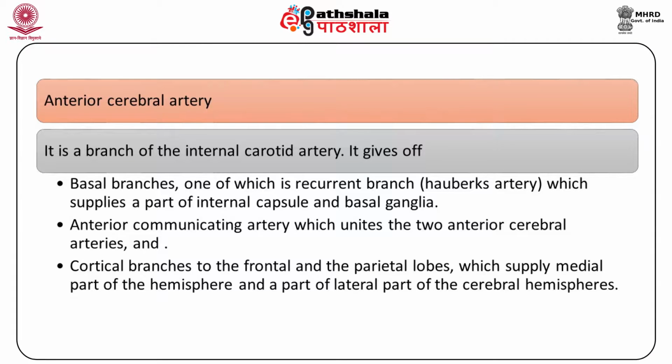It is a branch of the internal carotid artery. It gives off basal branches, one of which is recurrent branch, which supplies a part of internal capsule and basal ganglia. Anterior communicating artery unites the two anterior cerebral arteries, and cortical branches go to the frontal and the parietal lobes, which supply the medial part and a part of lateral part of the cerebral hemispheres.